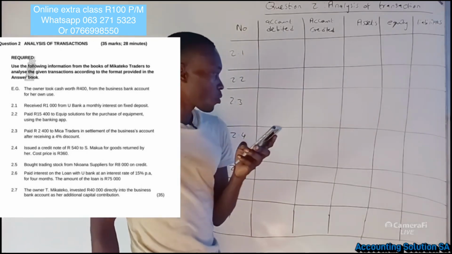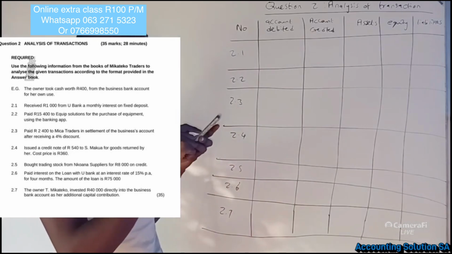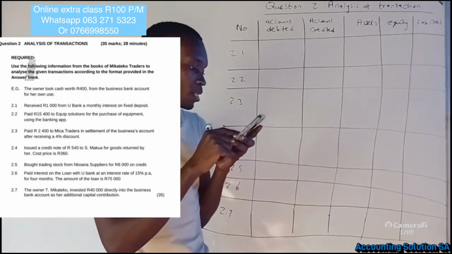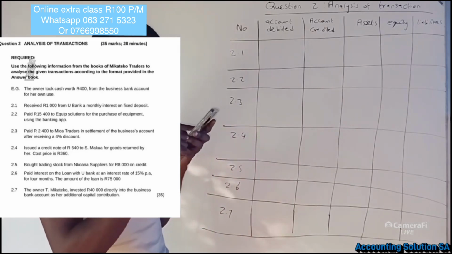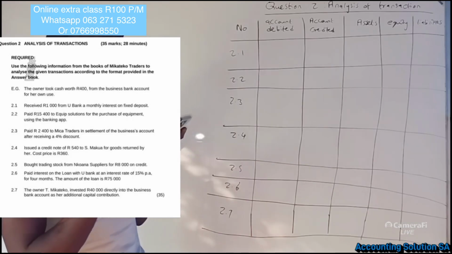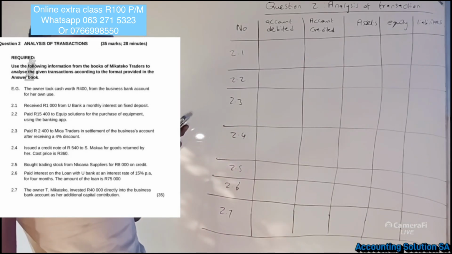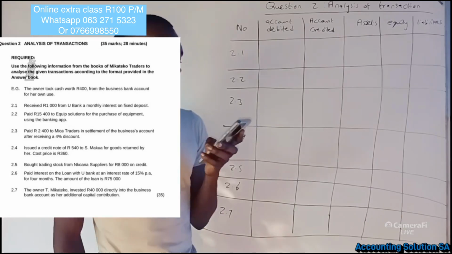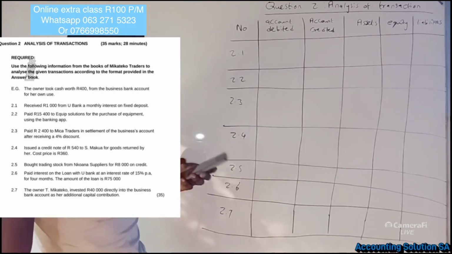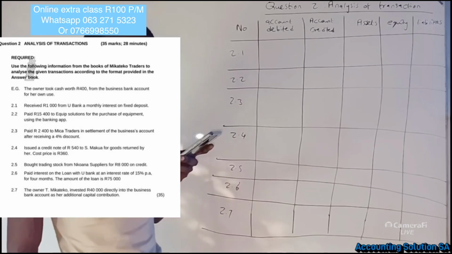Number 1, they give us: use the following information from the books of Mikateko Traders to analyse the given transactions according to the format provided in the answer book. Then the first one, they give us an example.